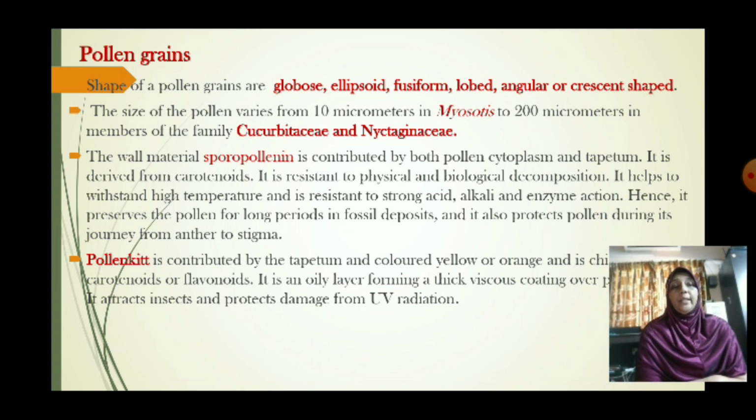What is a pollen kit? It is contributed by the tapetum and colored yellow or orange, and it is chiefly made up of carotenoids or flavonoids. It is an oily layer forming a thick viscous coating over the pollen surface that attracts insects and protects from damage by UV radiation.